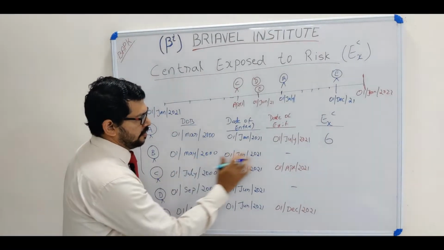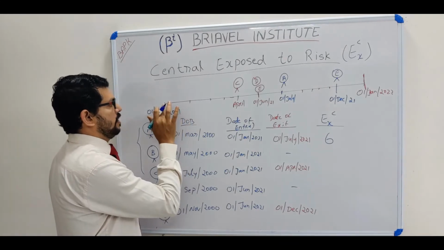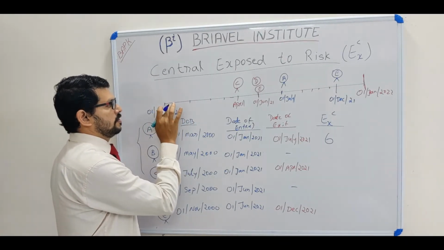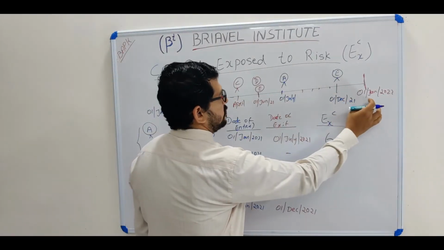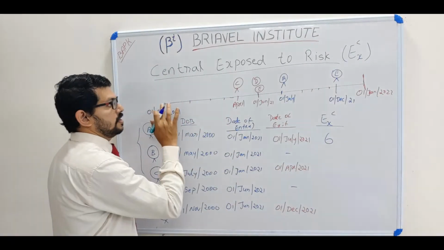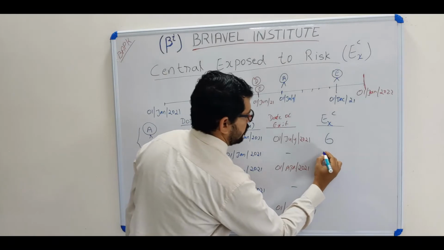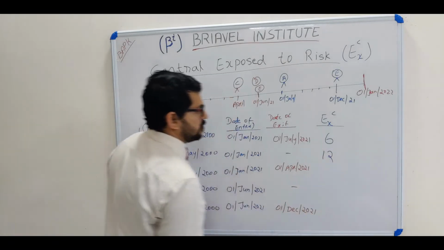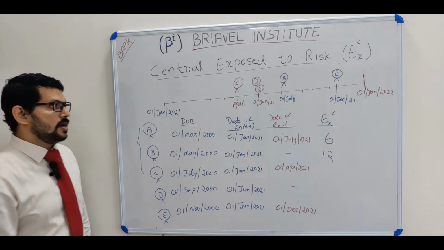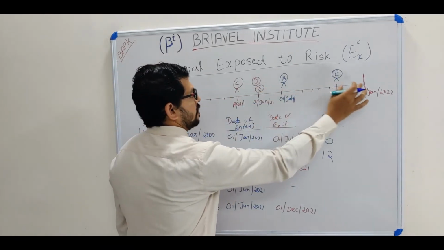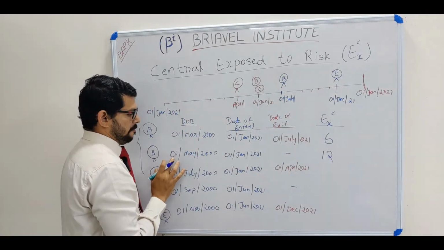This person continued for 1 year, entered in January 2021 and exited in January 2022. So for the entire observation period this person continued, so his exposed to risk is 1 year. He was in the jungle, in the forest.